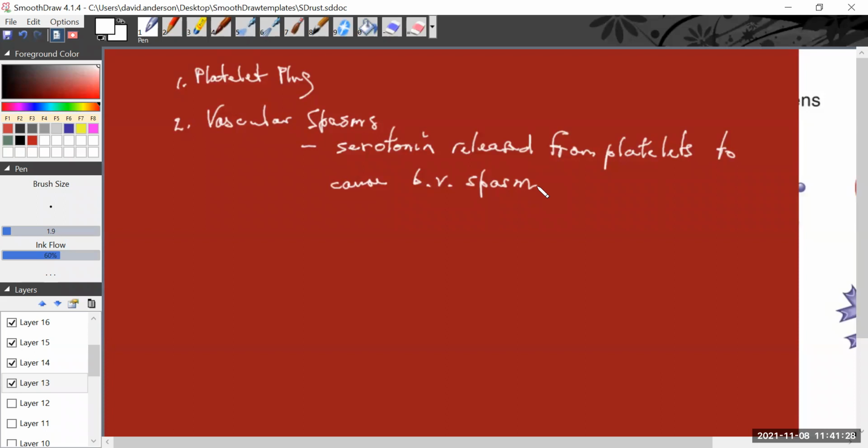This is going to occur because the smooth muscle cells in the wall of the blood vessel, stimulated by the presence of serotonin and other pain receptors, will spasm and close off the blood vessel. Not completely, but reduce the flow through that area. And that sets us up for coagulation.